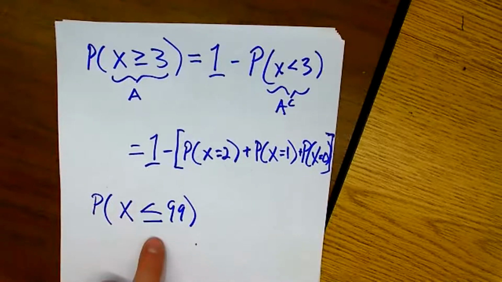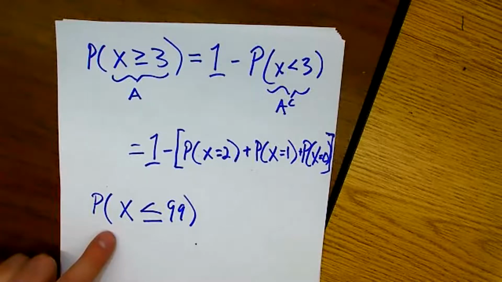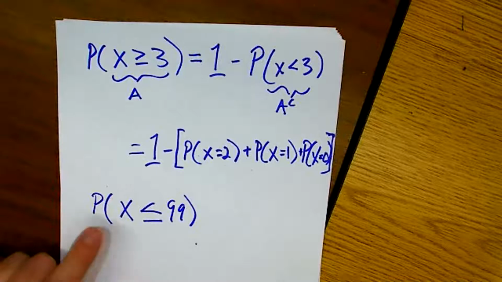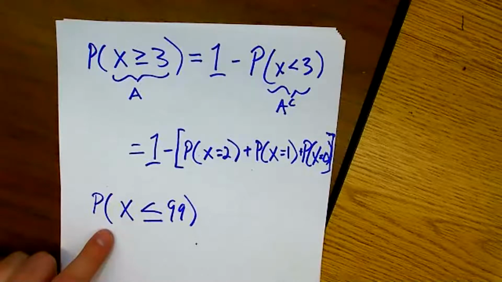If I want to know the probability that 99 of them, or any number below that, is the number of heads I see, that's almost every outcome, right? The only outcome this doesn't have in it is the probability that all 100 come up heads. So this cumulative probability should be pretty close to what?